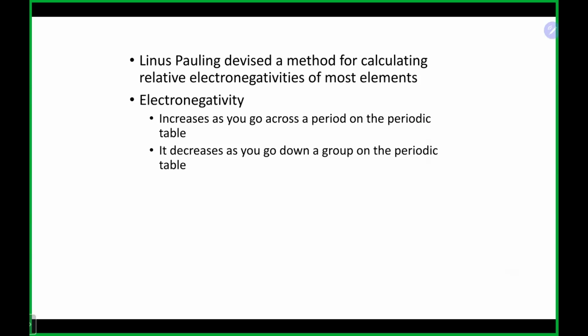A guy by the name of Pauling came up with a method of calculating differences in electronegativity values. And the Pauling scale of electronegativity values runs from 0 to 4, 4 being the most electronegative, 0 being not so much.